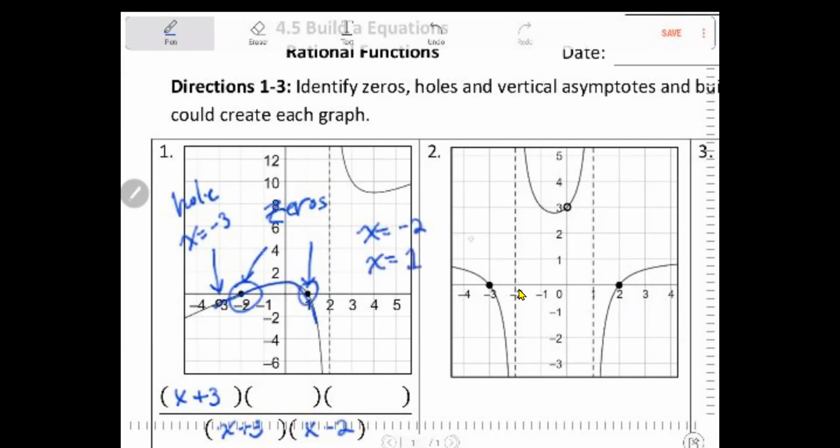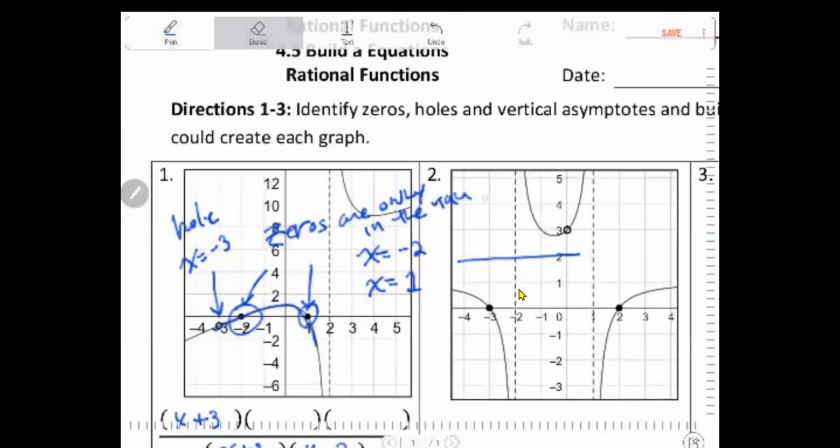When we're making our expression, zeros are only in the numerator, so they're only up top.